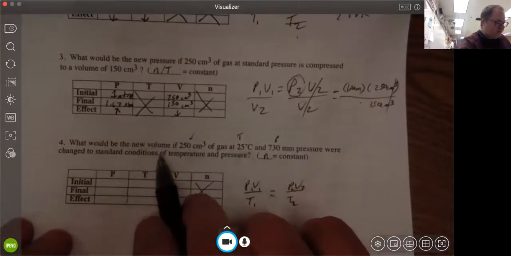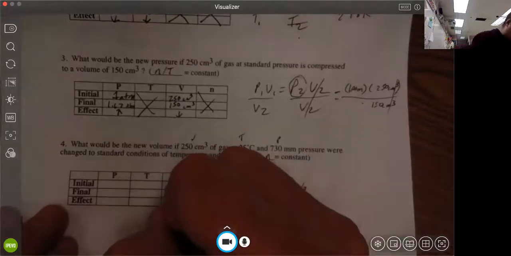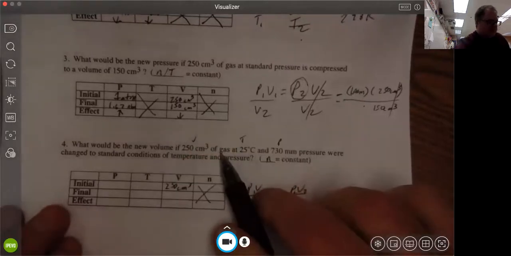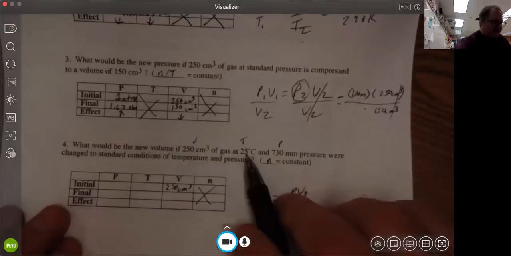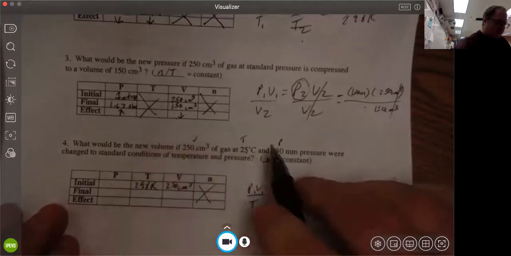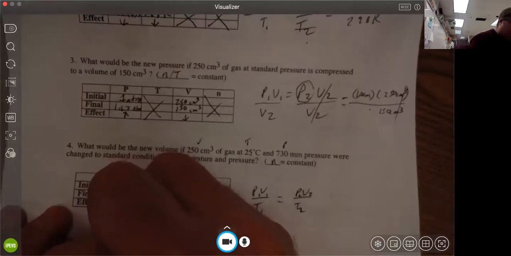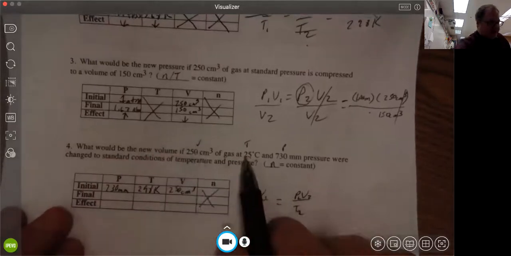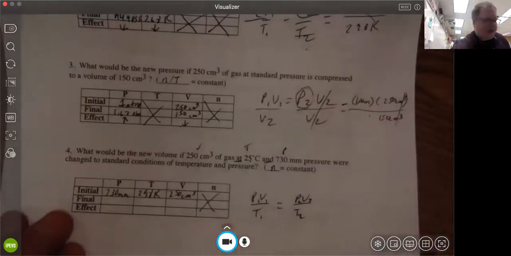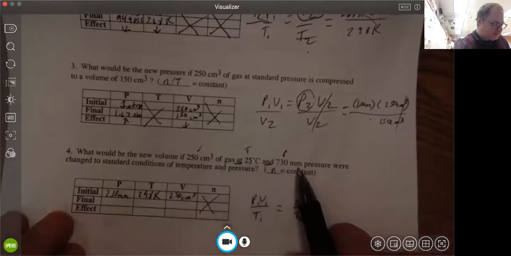What would be the new volume if 250 centimeters cubed of gas at 25 degrees Celsius, which we convert to 298 Kelvin, and 730 millimeters of mercury. We know that all of these go together because of words like at and. It's this, at this, and this.